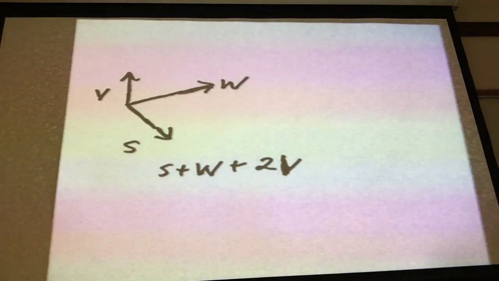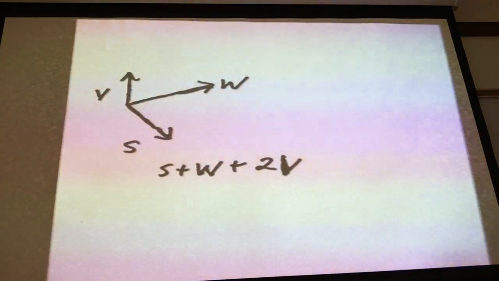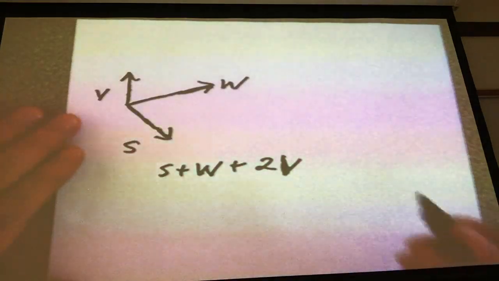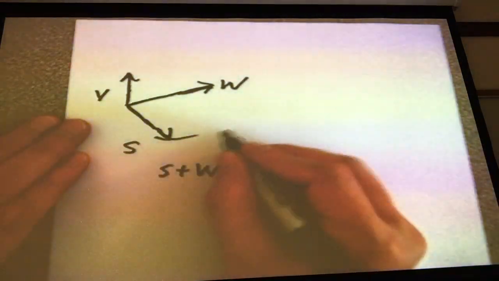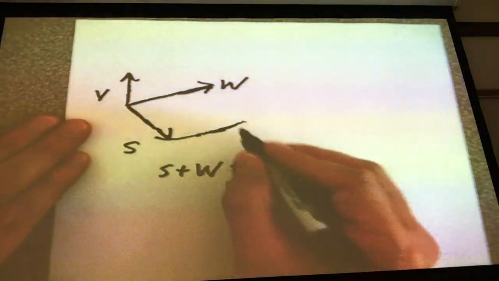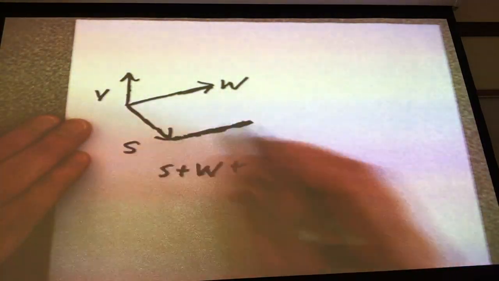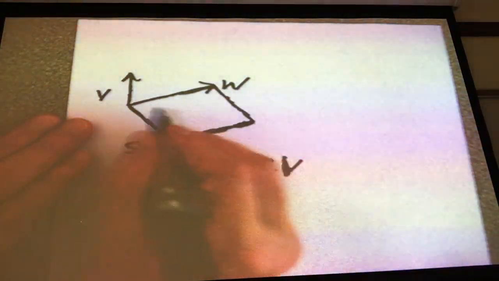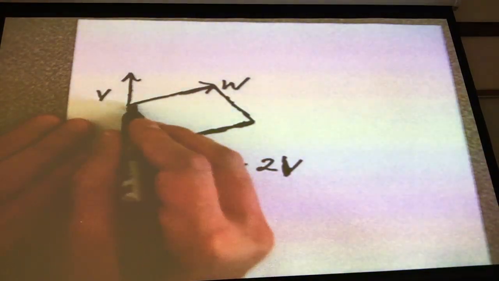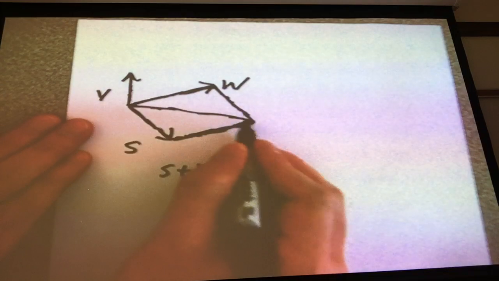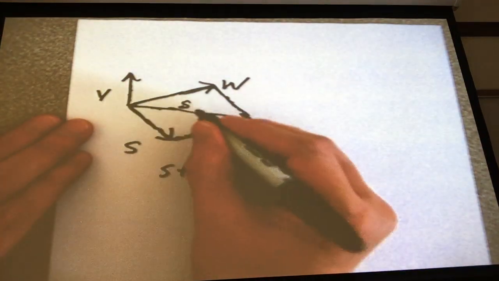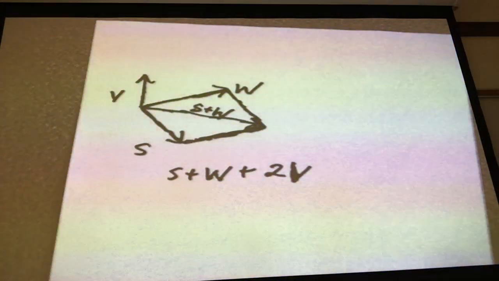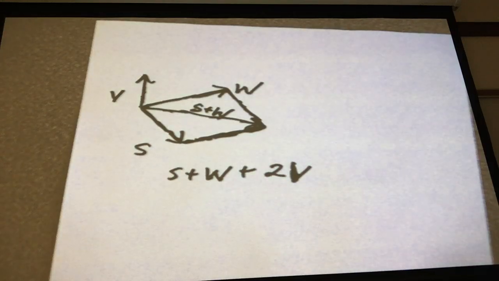All right, well, the way you do something like this is you want to break it up into pieces. So let's do S plus W first. So let's draw a parallelogram for S plus W. Okay, so that would be S plus W. And now we're going to take V and we're going to stretch it.